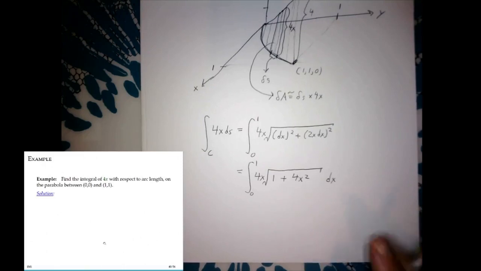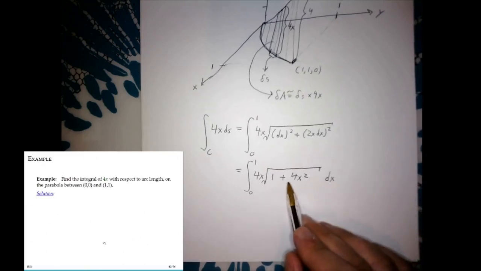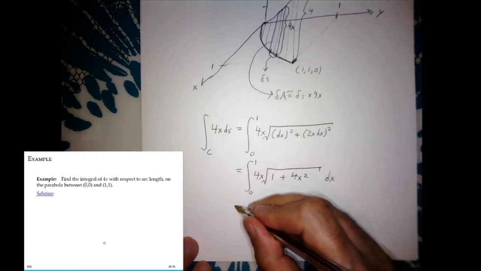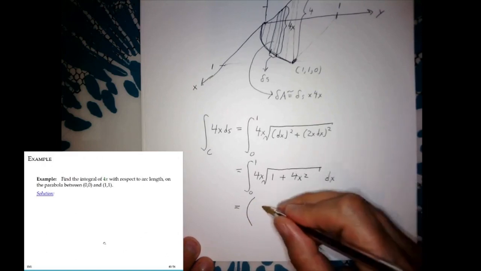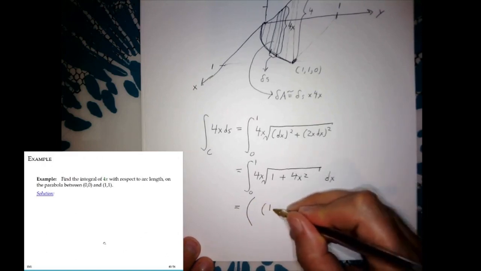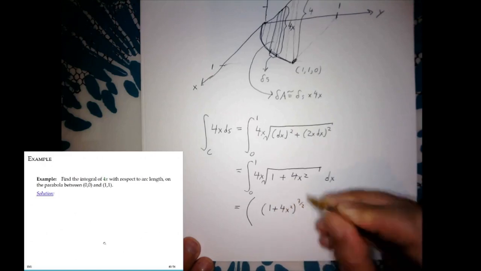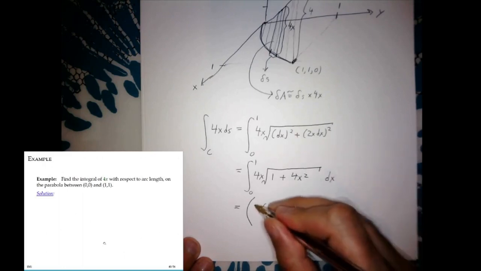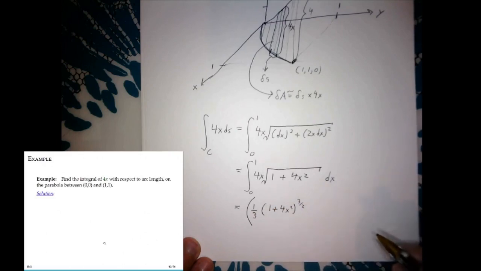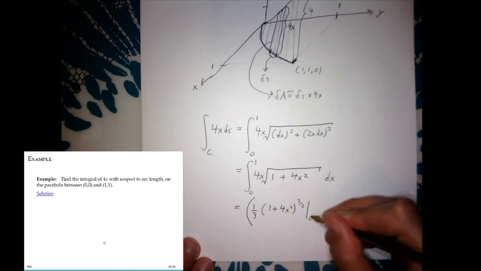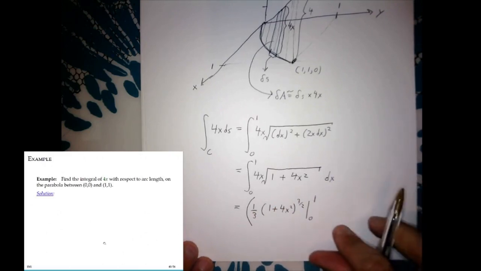Right, and once again, we can do this integral. We'll find the indefinite integral by doing a substitution, u equals 1 plus 4x squared. And when you do that, you get the indefinite integral is going to be 1 plus 4x squared to the 3/2. And we would need to divide by 3 in order to counteract the 3 in the exponent there. So 1/3 times (1 plus 4x squared) raised to the 3/2 power.